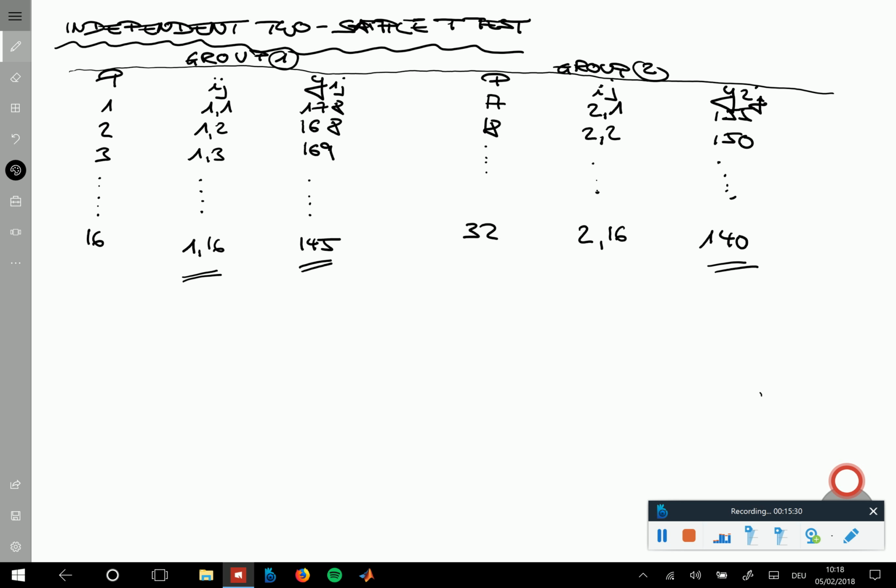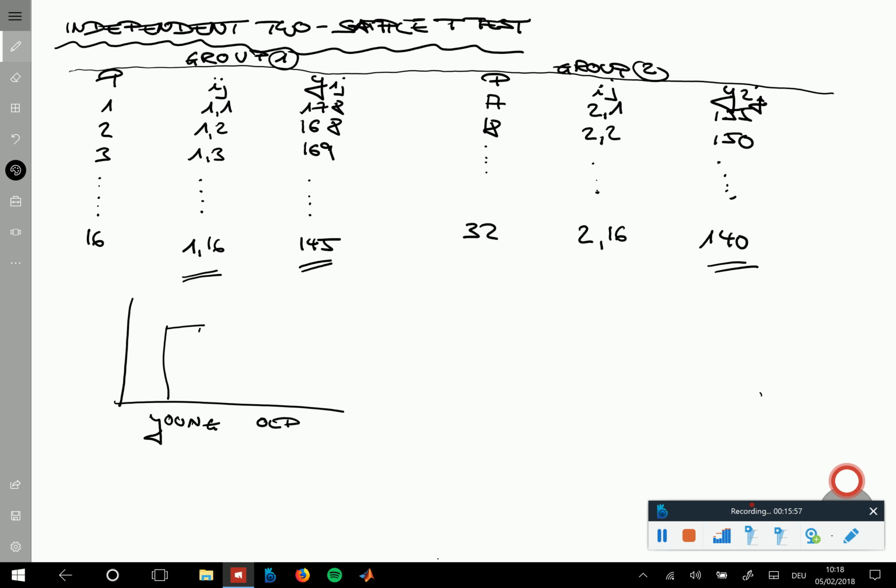Good. So then, before going into the independent two-sample t-test, a typical visualization of two-sample t-test designs is to plot the means as bars. So here we have young and old, and here we have our DLPFC volume.